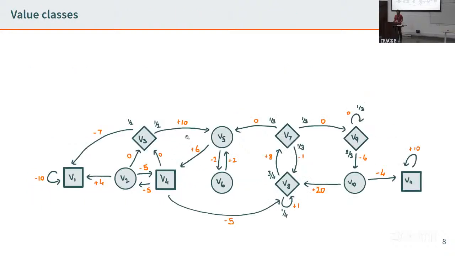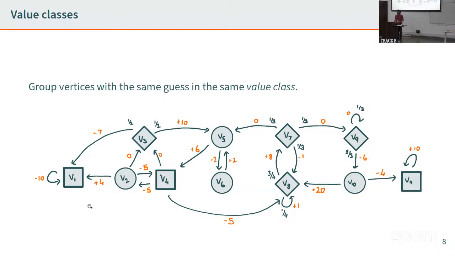For this we look at the concept of value classes. This was introduced by the paper by Krishnendu Chatterjee et al. So this is an example of a game. What we do is we guess a value of phi for every vertex, and we group vertices together in what we call a value class.